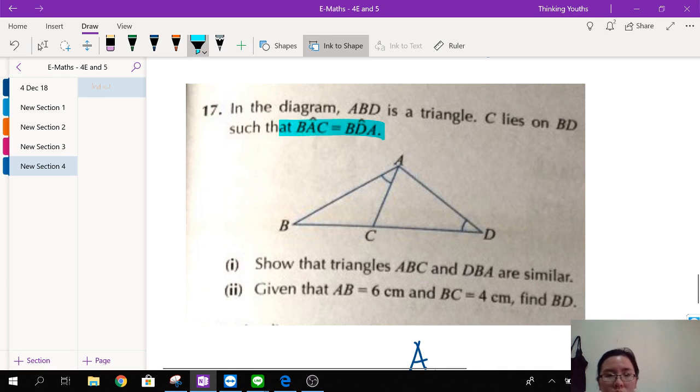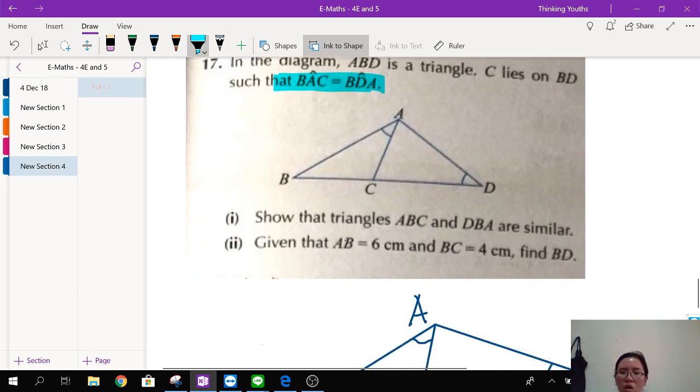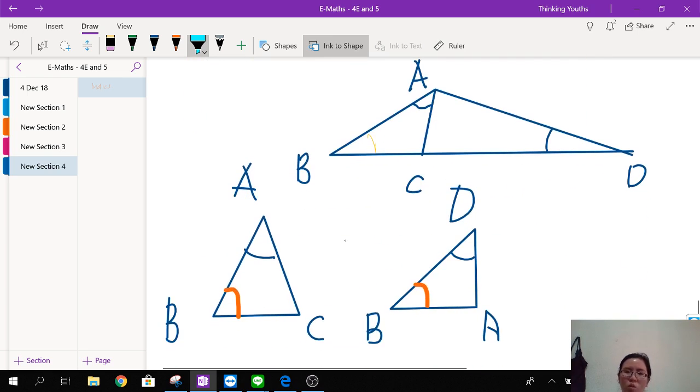This topic is about similar triangle. So this is the diagram that we need to prove that ABC and DBA is actually similar with the highlighted clues given. So actually we have redrawn it into two triangles. One you can view it as the small one here.